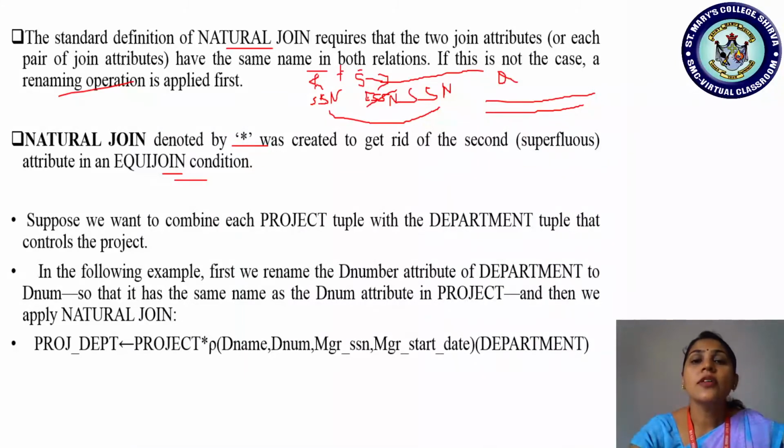All the attributes from R and all the attributes from S will be concatenated, put together in the resultant relation. So when they are put together, the SSN present in R and the ESSN present in relation S, both the attributes will appear.